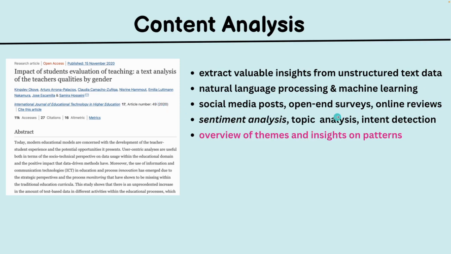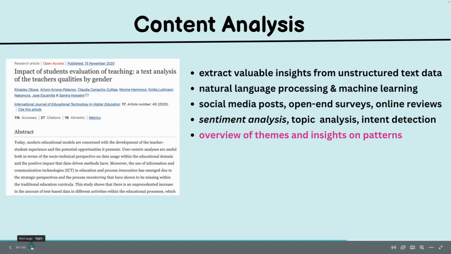We can gather that information and analyze it, and it allows us to determine some of the sentiments, which is then called sentiment analysis, or we can see what are some of the topics that are bubbling up as being important, or we can even try to detect some of the intent in these text passages. It gives an overview of themes and insight into patterns.